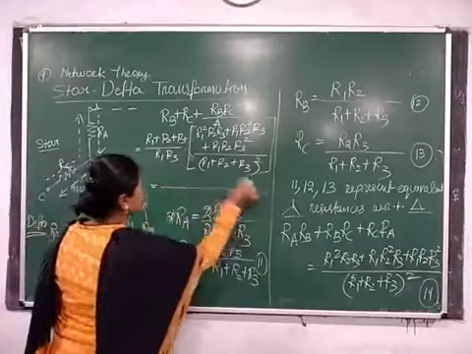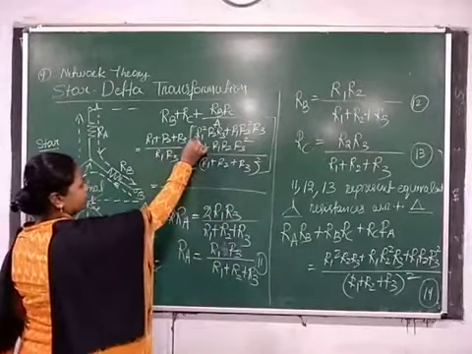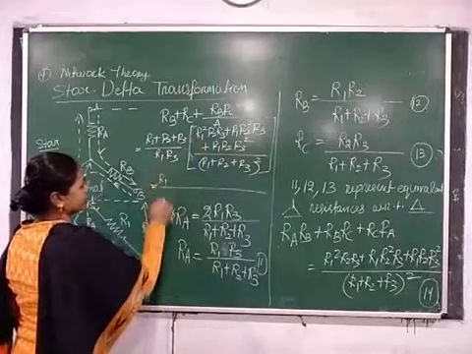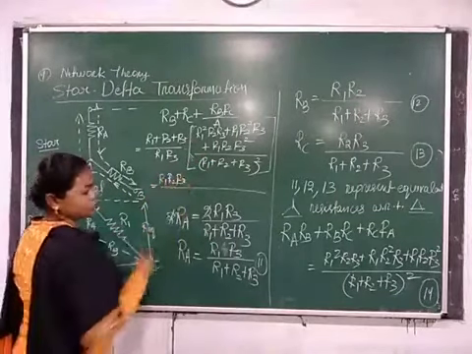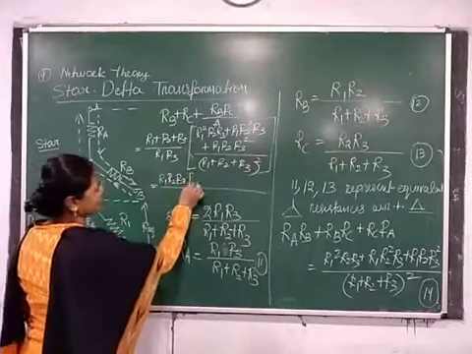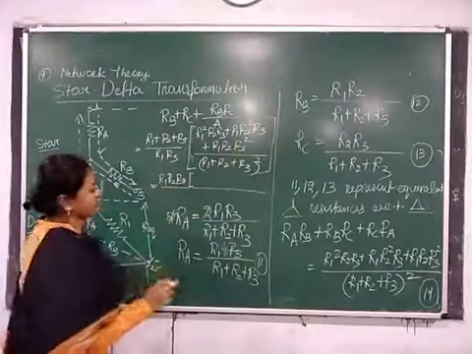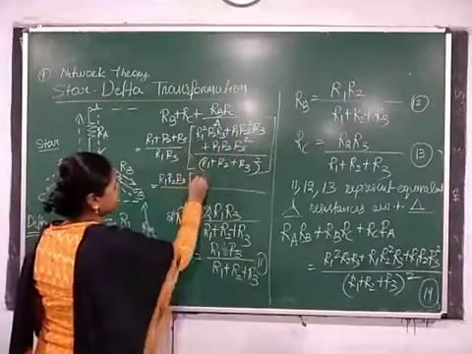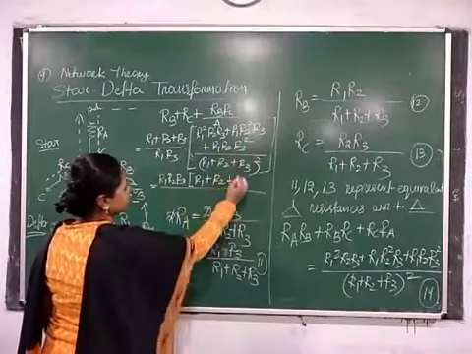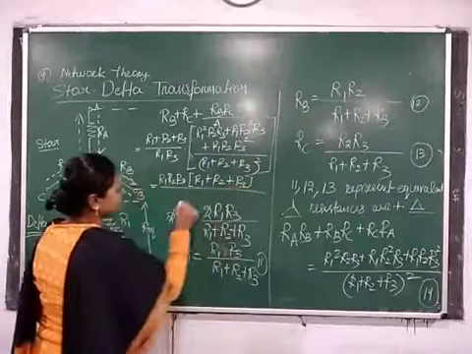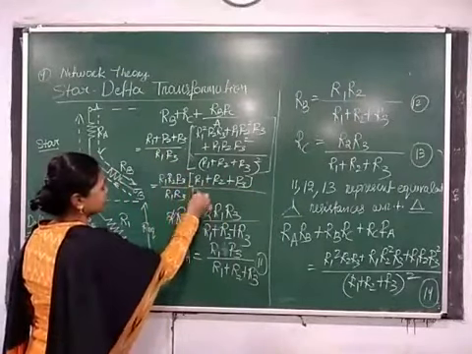See, 1 R1 plus R2 R3, here it is cancelled out, and from these three terms I take R1 R2 R3 common. So here R1 plus here R2, and here the rest element is R3. Already this term is cancelled out.